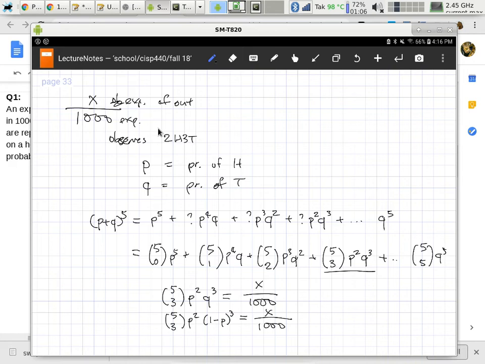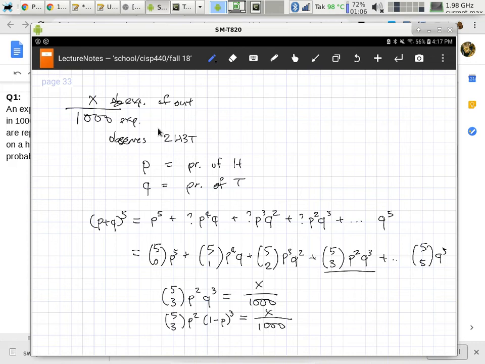Yes, P plus Q equals 1, because they represent all the probabilities. So we make the substitution for Q. Because Q is 1 minus P, we just substitute it here. So now we only have one unknown to solve, and all the other terms are known already.